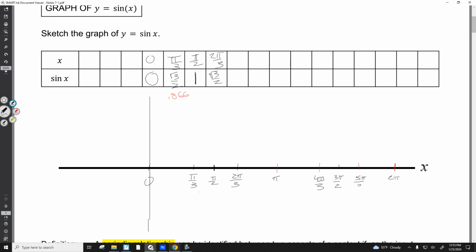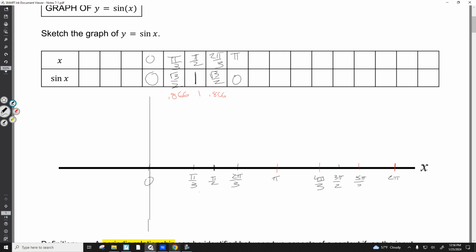You found it at the beginning. Okay. I got 0.866. I got 1. I go back to 0.866. We go to pi. Look on the back if you want to, but you should know how to find it just by thinking about it. What's the sine of pi? Good.